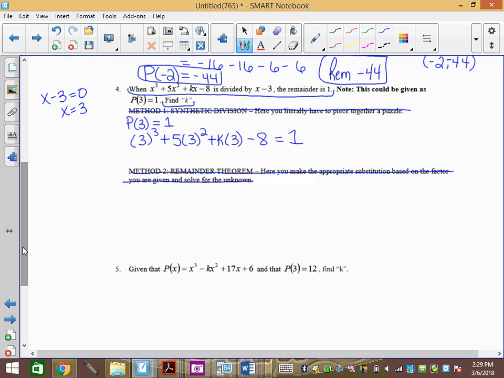Right? The only variable I'm missing now is k. So just solve for it. So 3 cubed, 27. Plus 9 times 5, 45. Plus 3k minus 8 equals 1.